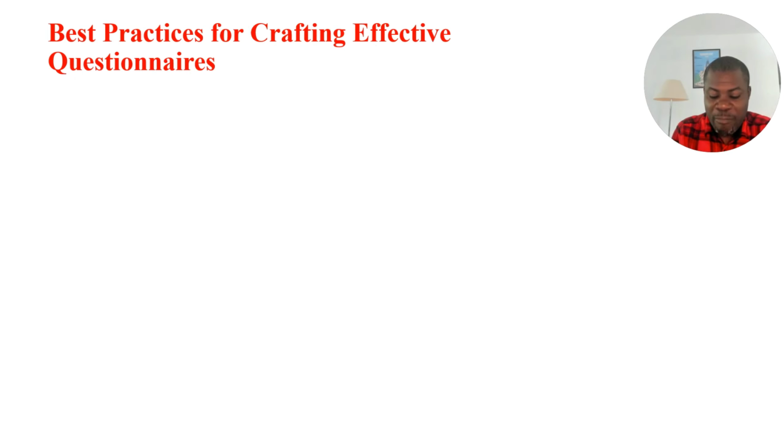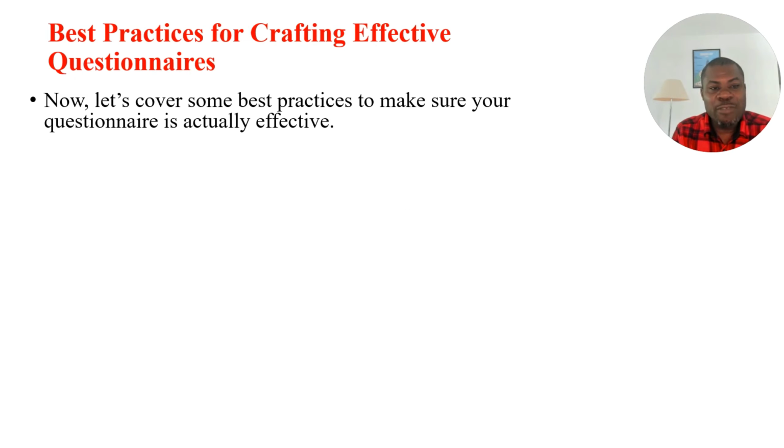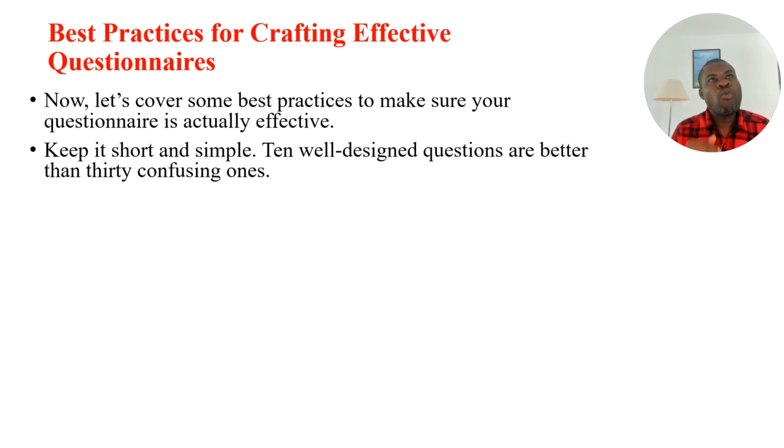So let us review some best practices for crafting an effective questionnaire. I always advocate that researchers keep their item statements, or their questions, short. In most cases, you see people designing questionnaires with up to 15 to 20 item statements.